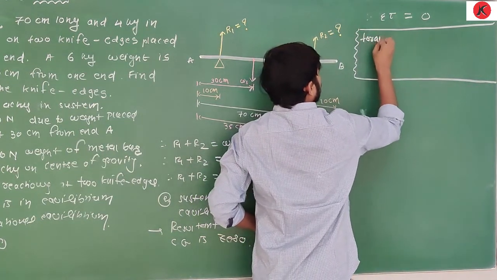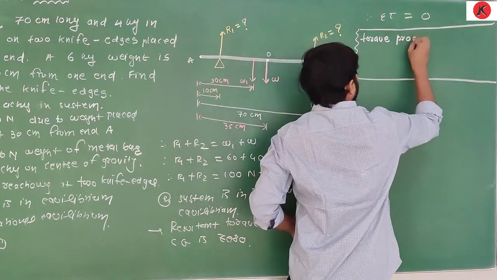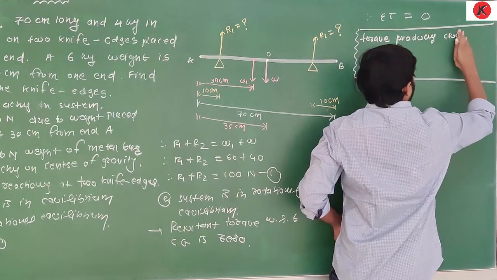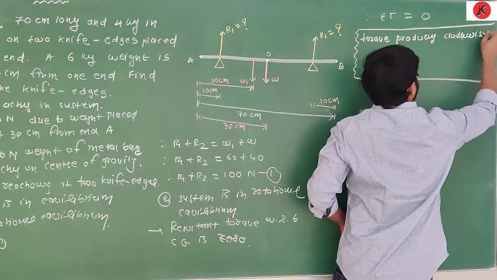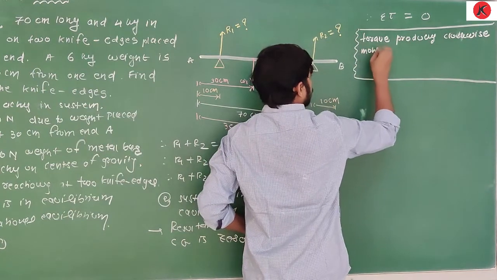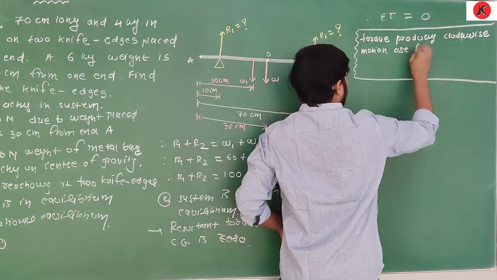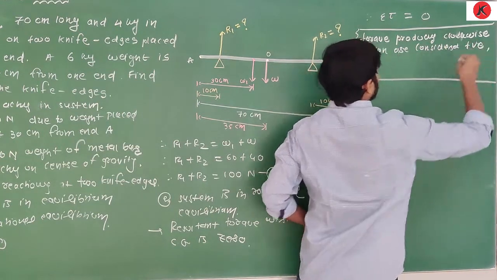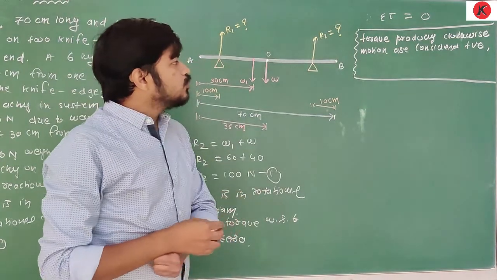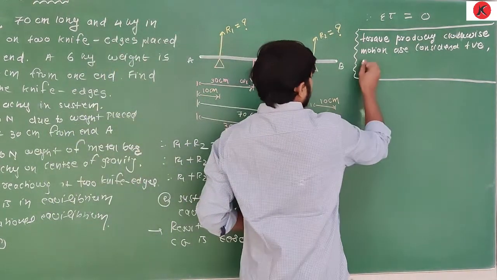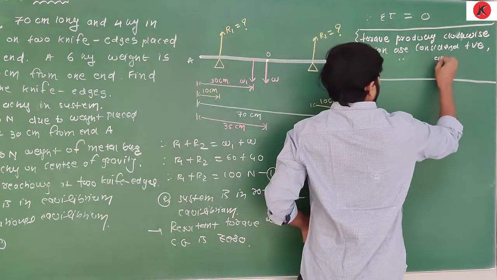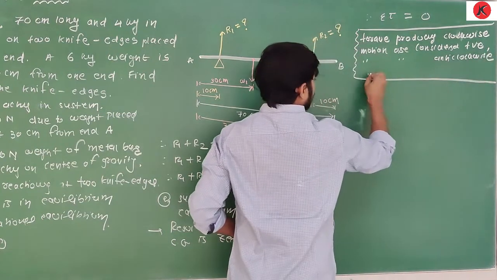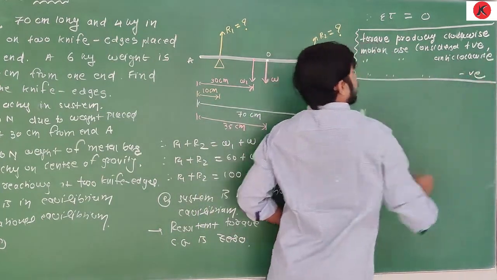Torque producing clockwise motion are considered positive, and torque producing anti-clockwise motion are considered negative.